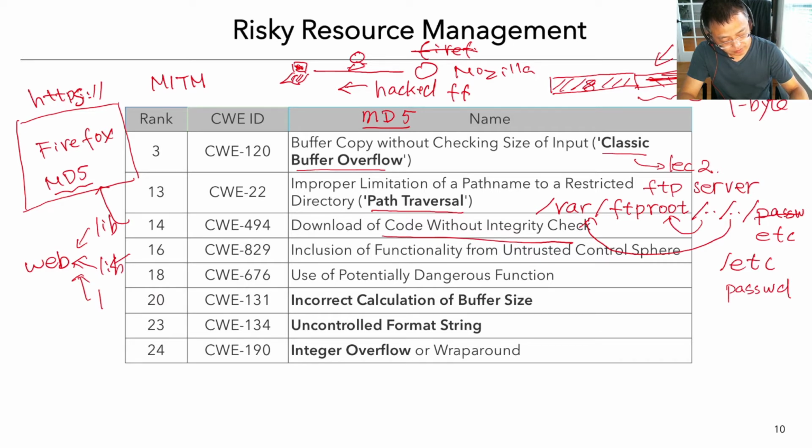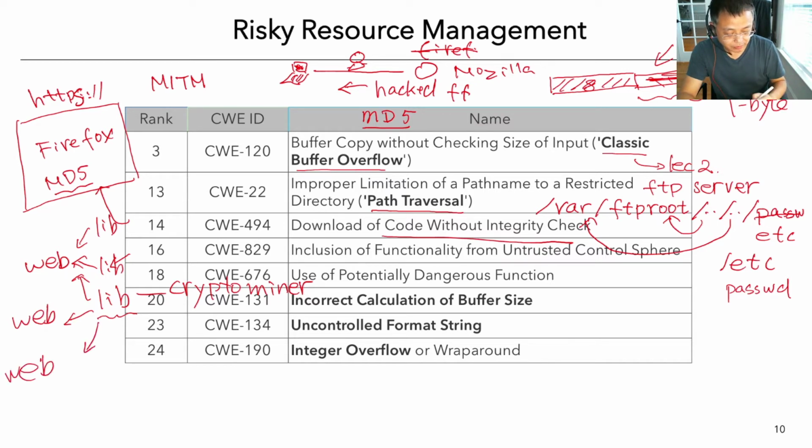I mean, one of the libraries is compromised with a crypto miner. Okay, now every website using this particular web library, right, is going to load this malicious library. So it's going to do the crypto mining on the visitor's browser.